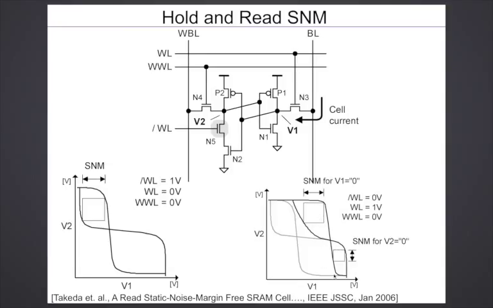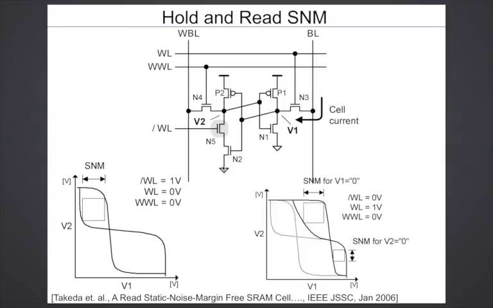Of course, what has happened is that you have a problem on the other side. That is, when V1 is high and V2 is 0, during a read, VWL goes low. So you have disconnected this in some sense, and so V2 is being held low in a dynamic fashion.